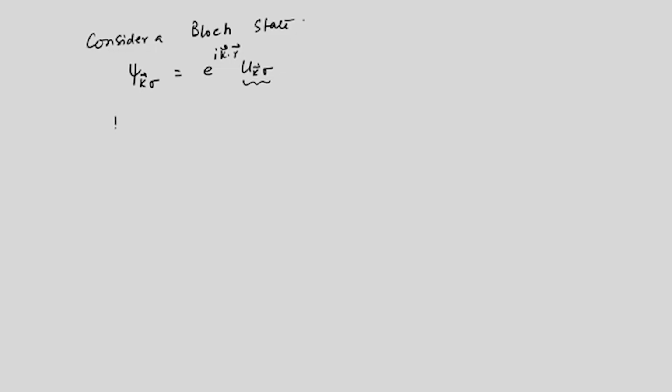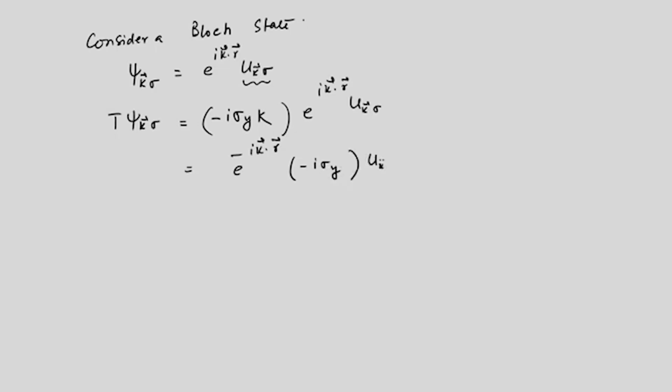Now, if I operate on this psi k sigma, I will have to operate it by i sigma y K, and this K will act on this exponential i k dot r u k sigma and will make the plane wave part exponential minus i k dot r, and then we have of course a minus i sigma y u k sigma.